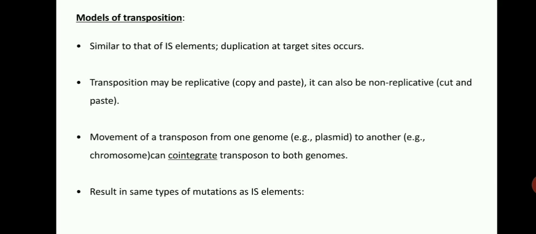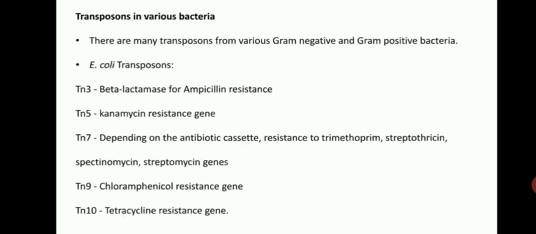Let's see some examples of bacterial transposons. There are many transposons from various gram-negative and gram-positive bacteria, and E. coli transposons that contain various antibiotic resistance genes. Let's discuss them. The first example is Tn3, which has beta-lactamase for ampicillin resistance.